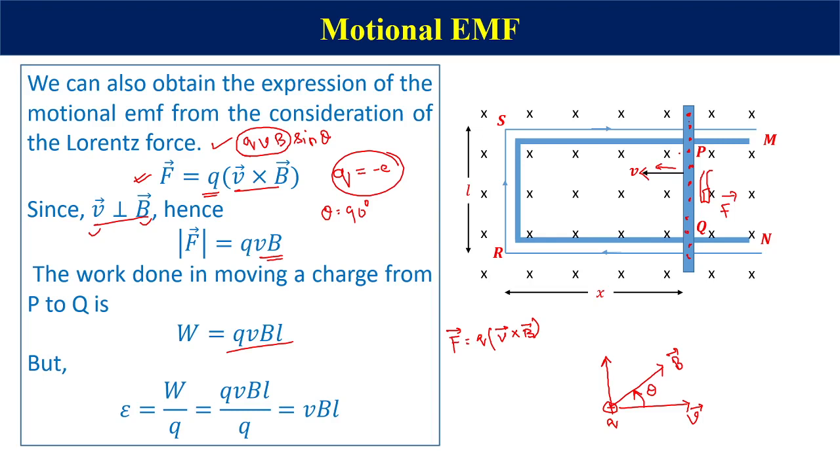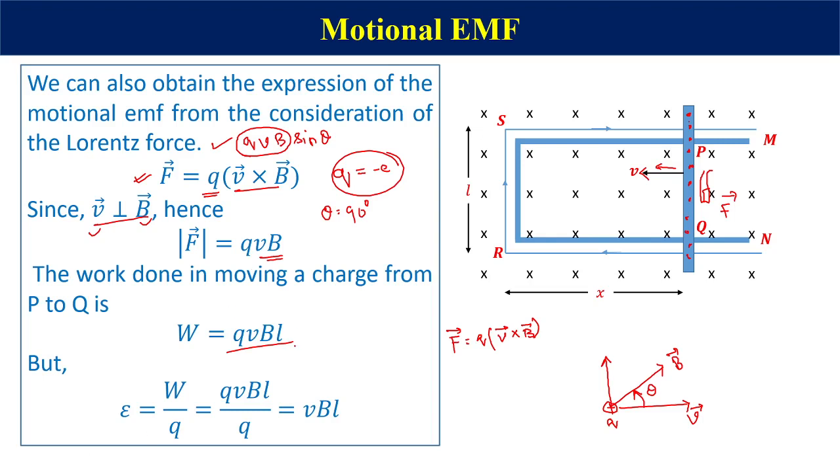That means the free electrons will get deviated either from the P side to the Q side or from the Q side to the P side. The direction will of course depend upon the charge consideration, which I have not considered yet. I have considered the charge to be positive, so I just considered the magnitude of this force. I am not bothered about the directionality, but I know that the force is acting lengthwise in the PQ direction.